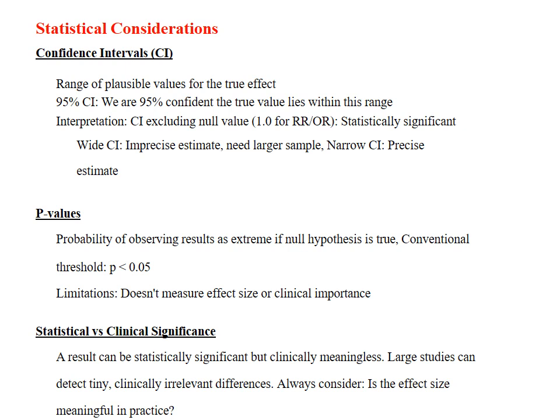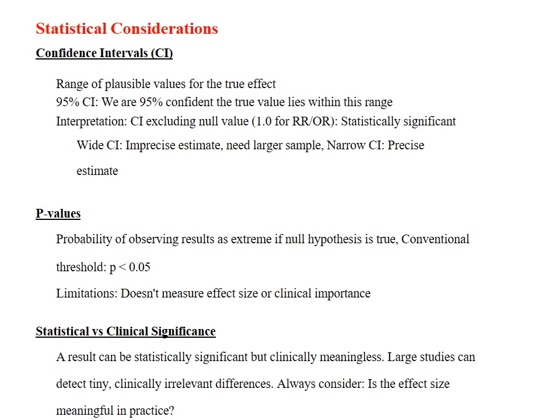Now next is the statistical considerations. Confidence interval: a range of plausible values for the true effect. A 95% confidence interval means we are 95% confident the true value lies within the range. Interpretation: a confidence interval excluding the null value is statistically significant.